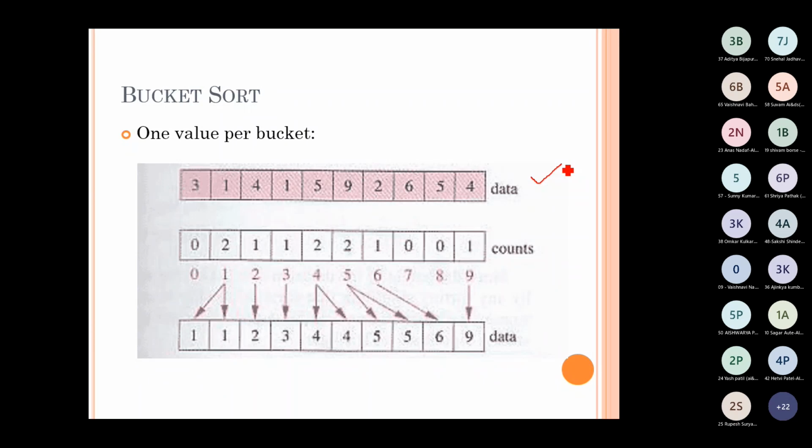And here we have considered that each bucket will contain only one value. So observe, the first number is 3, so it has to be placed in this place. 3 को यहाँ डाल दिया.